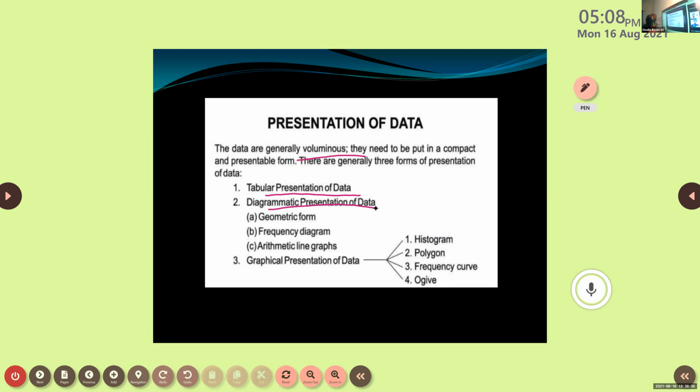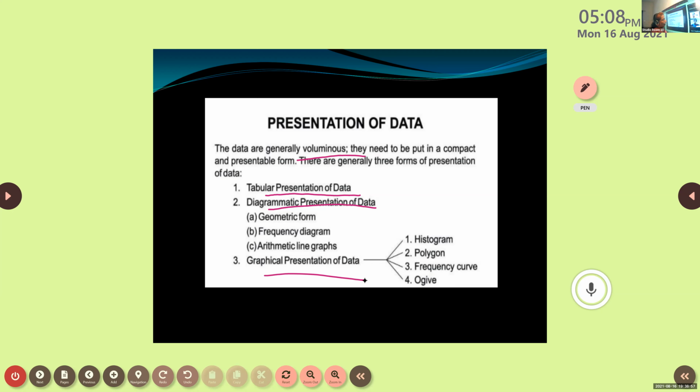At last, graphical presentation of data, through histogram, polygon, frequency curve, ogive. These are the ways through which we can present the data through graphs. Now, what all comes in that, I will be telling.